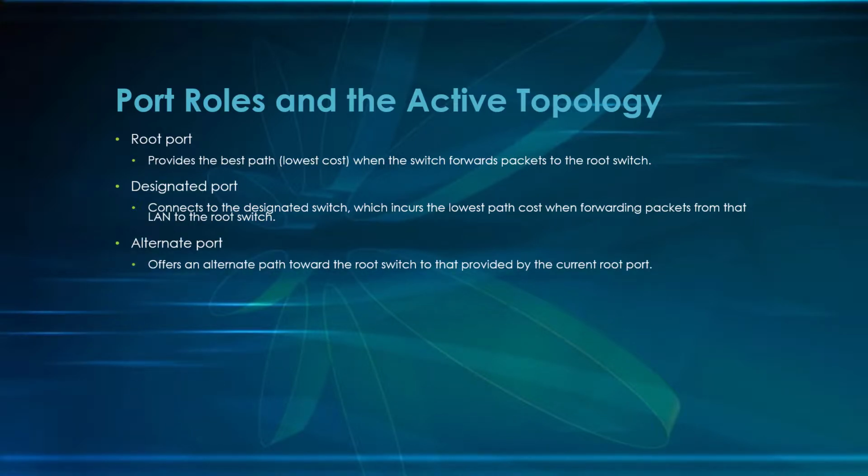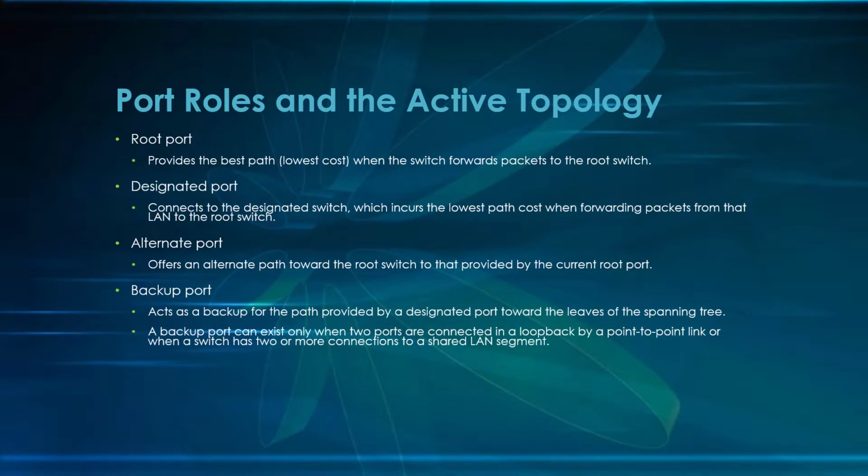You have the alternate port, which offers an alternate path toward the root switch provided by the current root port. A backup port is a backup path provided by a designated port, forwarding and leaving the spanning tree.